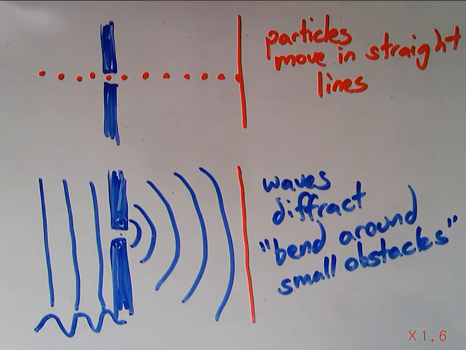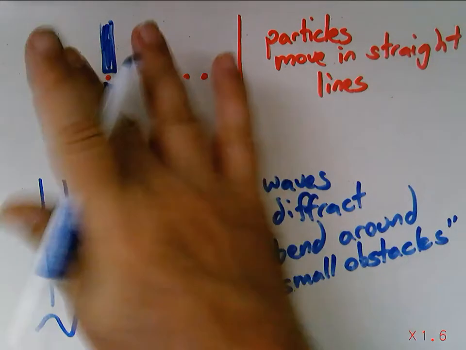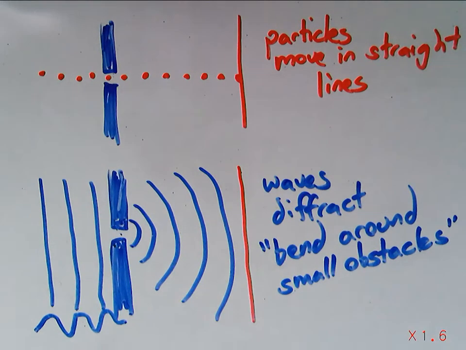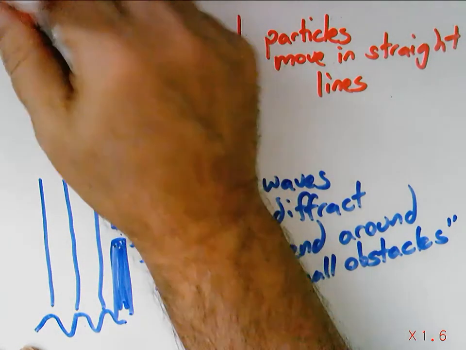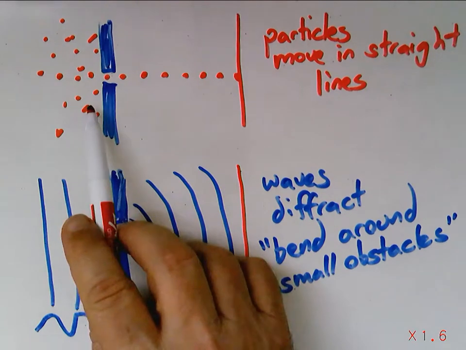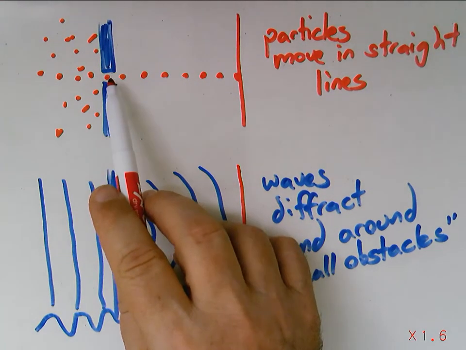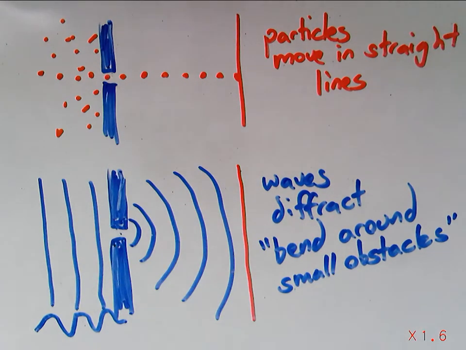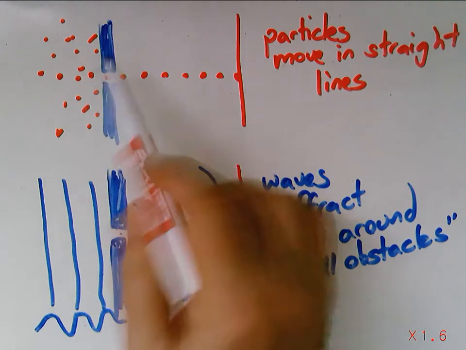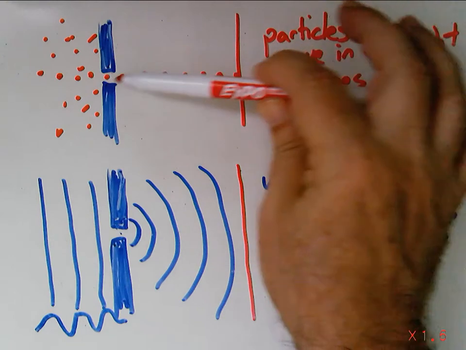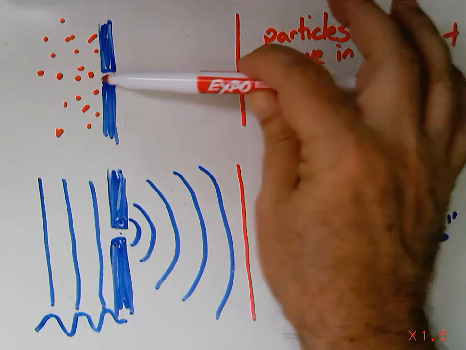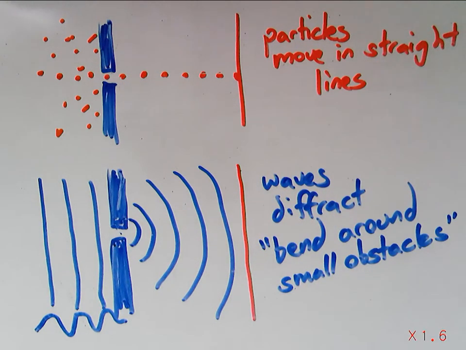Now sometimes there's a phenomenon that particles do that we can name. Here we got particles up again. Imagine that these are gas molecules, and they are all on this side of a wall. Maybe there's a container here, like a balloon, and it's got a little hole in the side. Well, these gas molecules are constantly pummeling the sides of the balloon, and they're going to hit this hole and go through, and you'll get a beam of gas atoms coming out here.